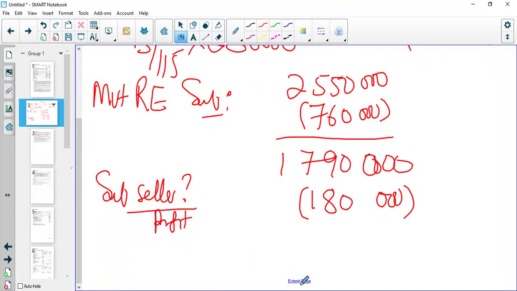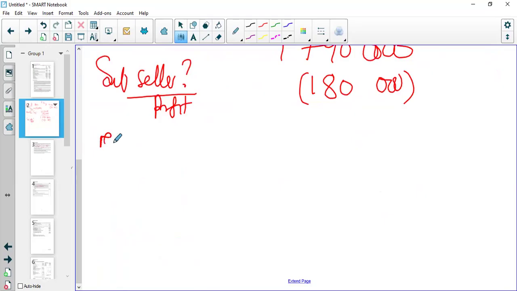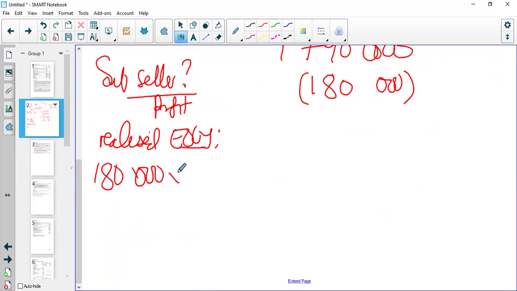Then we need to add the only amount that has been realized by the end of last year. The amount realized is therefore 180,000 multiplied by 20% multiplied by 5 divided by 12.